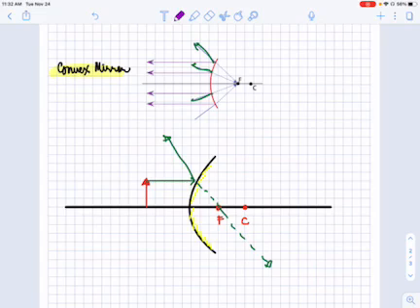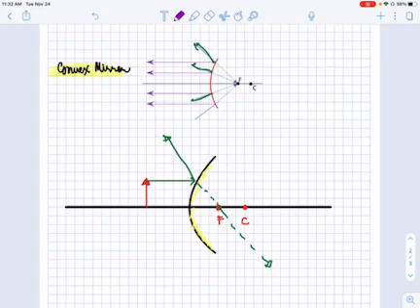Ray 2, we can use the ray diagram that is passing through the curvature. So reflected ray 1, it seems that it emanates from the virtual focus behind the mirror. That's what we mean.